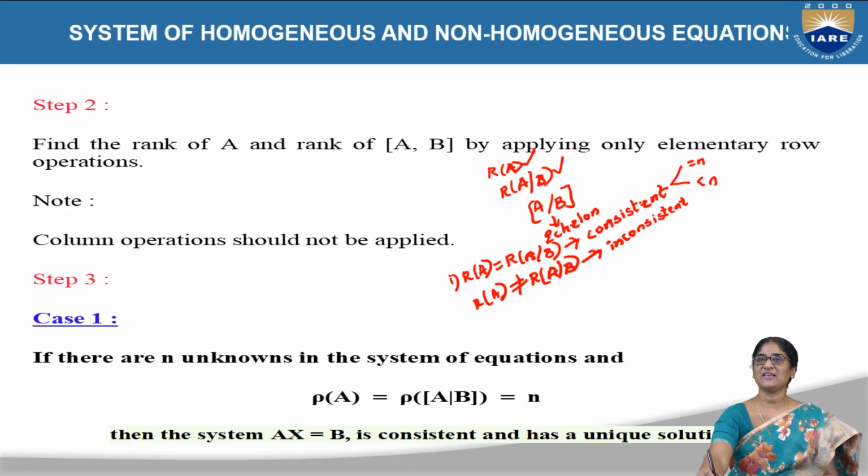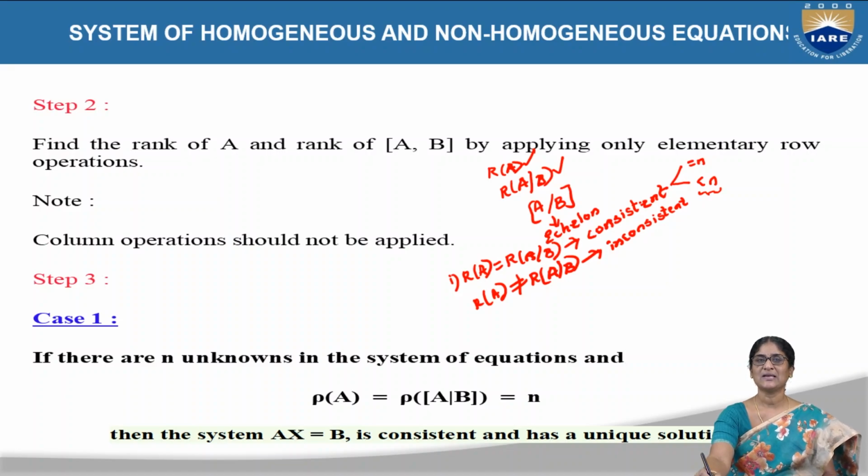So if both the augmented matrix and the coefficient matrix ranks are equal and equal to the number of variables, then that type of linear equations have unique solutions. If both the ranks are equal but less than the number of variables, then that type of equations will have infinite solutions. That means the solutions contain some arbitrary constant like k, and based on the value of k, the number of solutions will be varying.